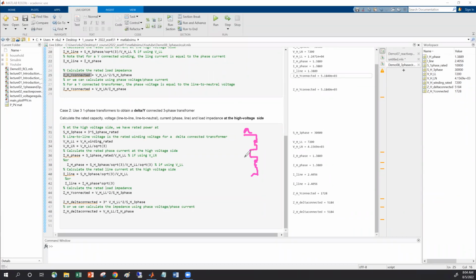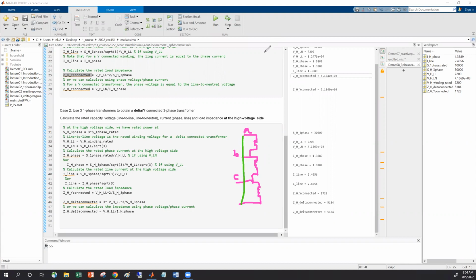Then I connect that directly with the head of B. And then the end of B will be directly connected to the head of C, okay? And after that, we connect the head of A with the tail of C, okay?